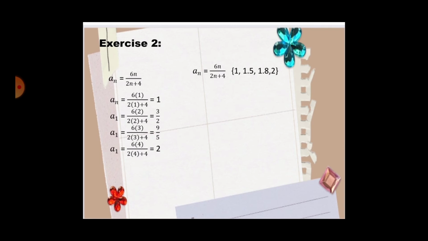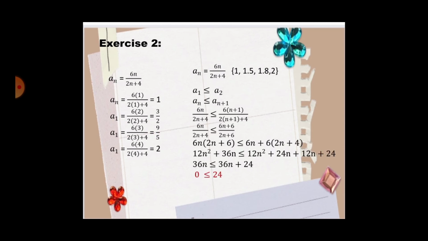So a sub n equals 6n over 2n plus 4: 1, 1.5, 1.8, and 2.